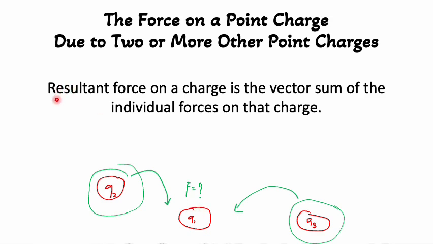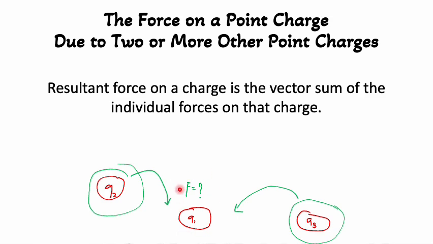Please take note of this idea because we are going to use this on the succeeding slides. The resultant force on a charge, for example, charge 1, is the vector sum of the individual forces on that charge.